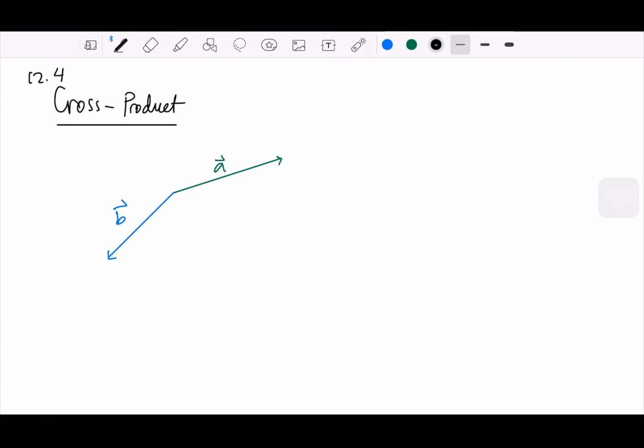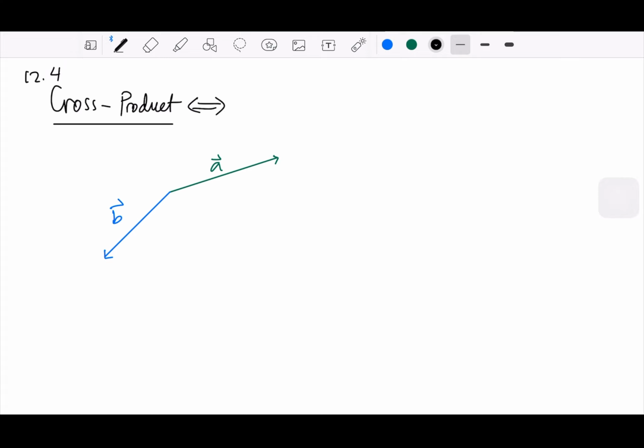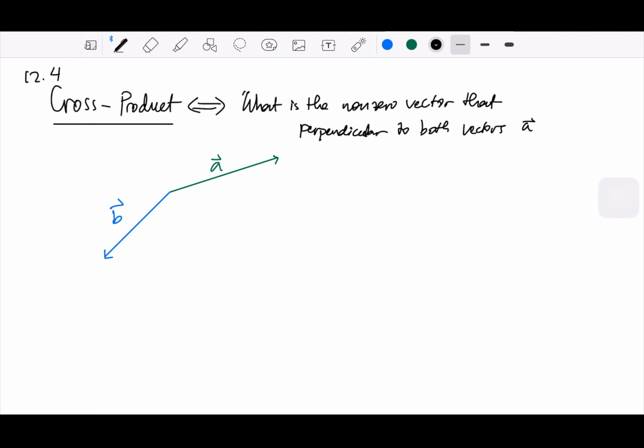So what is the vector? The idea is, what is the non-zero vector that is perpendicular to both vectors A and B?